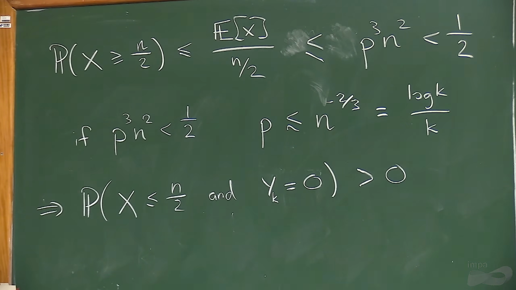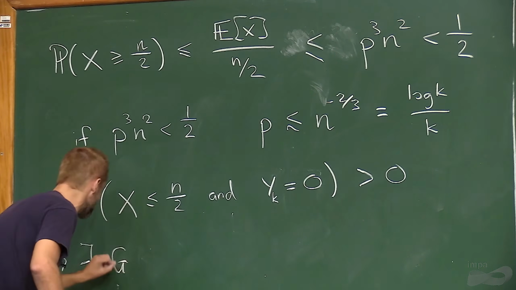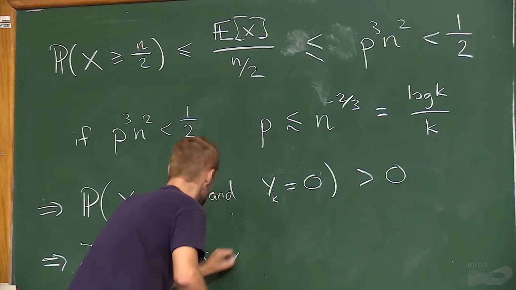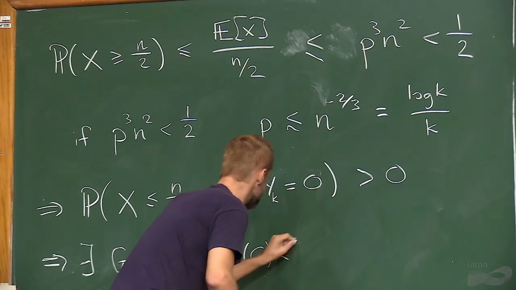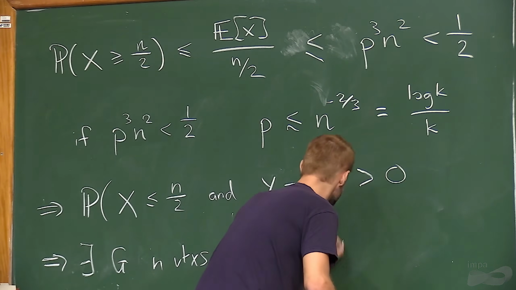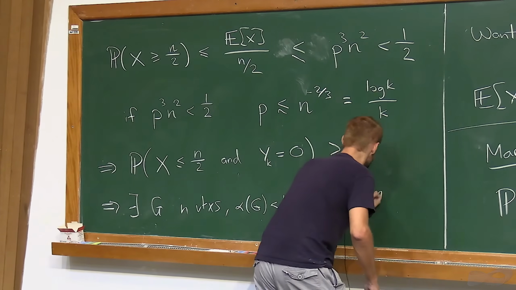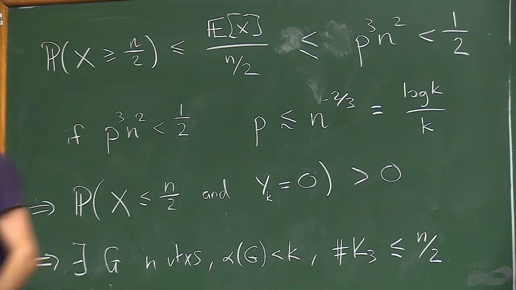If you're a tiny bit careful, this is just a statement about probability. What it tells us is that there exists a graph G on n vertices, independence number is less than k, and number of triangles is at most n over 2. That's what we've shown.